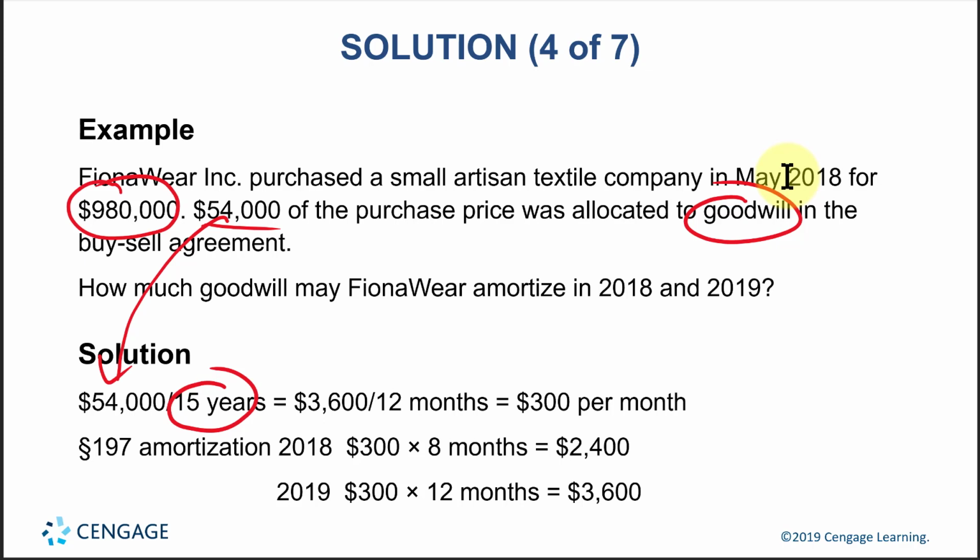And because we had placed it into service in May, that means there's 8 more months left in the year. So we just extend out to get the depreciation for the first year, and here's the remaining annual depreciation until you use up all of that 54,000. Again, we're using the straight line method here.